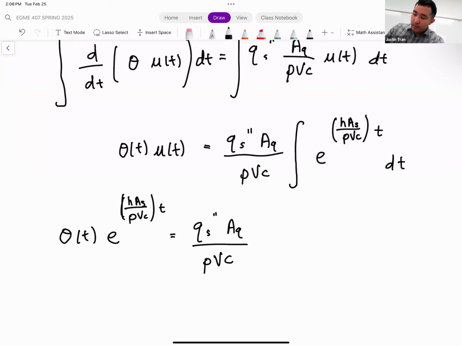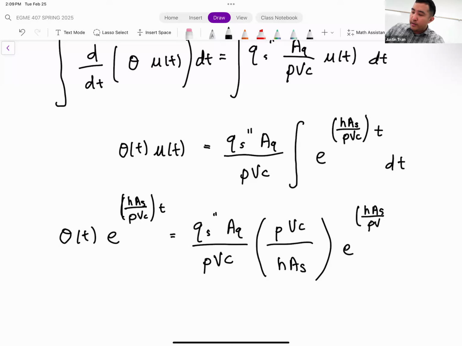We perform this integral, and the factor that comes out is rho VC divided by hAs, multiplied by e raised to the hAs over rho VC times t.